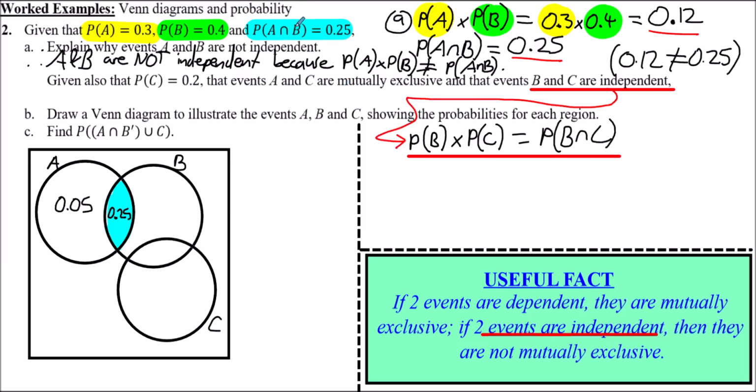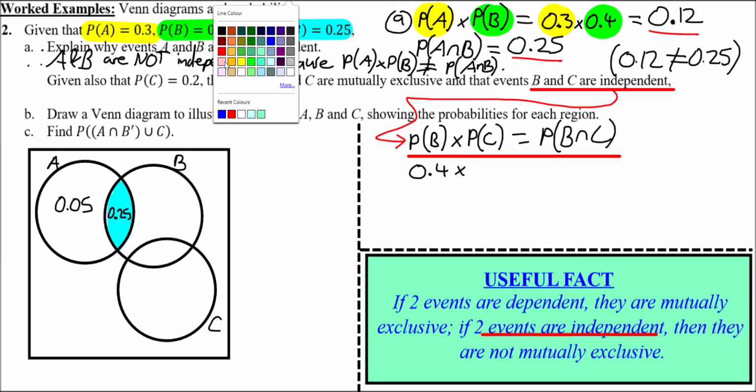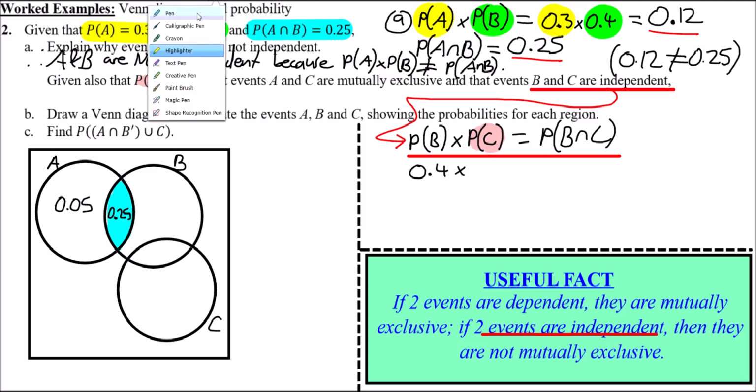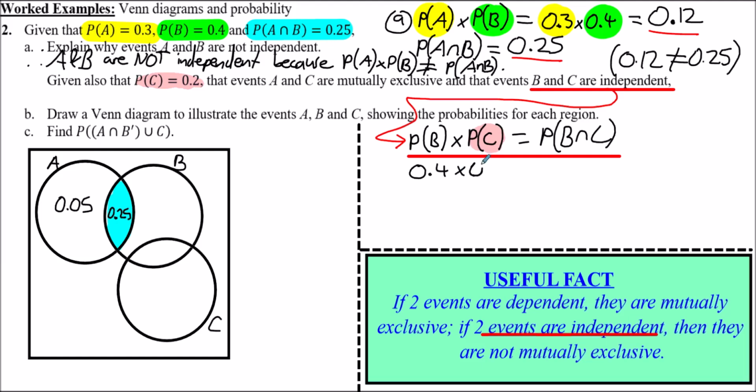The probability of B is 0.4. The probability of C, we're told, is 0.2. If I get this in a pink colour here, that's 0.2. That equals 0.08.